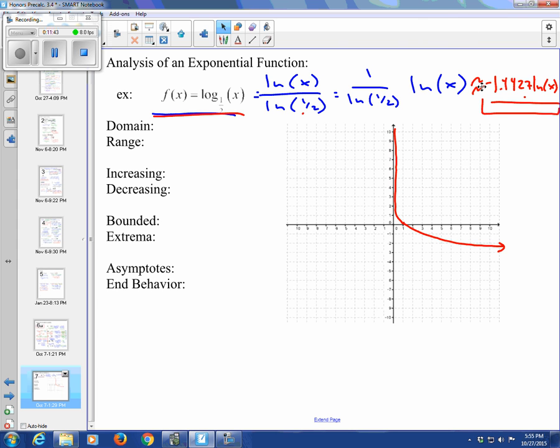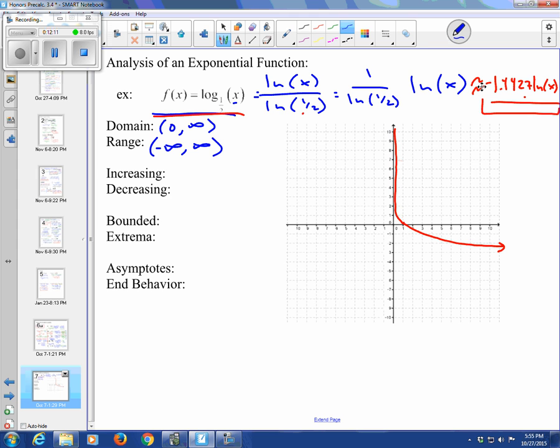And here we can do some analyzing of this graph. We can say the domain is going to be the same as for any log base whatever of x, which is from 0 to positive infinity, right? We can't have x be negative or 0. We could say the range of this guy is going to be the same as if he were right side up, so negative infinity to positive infinity. He is not increasing anywhere.